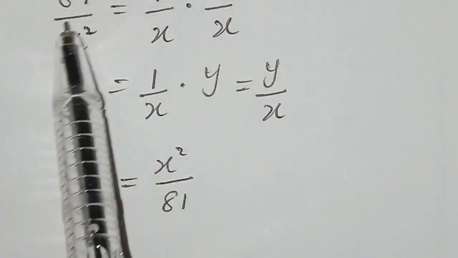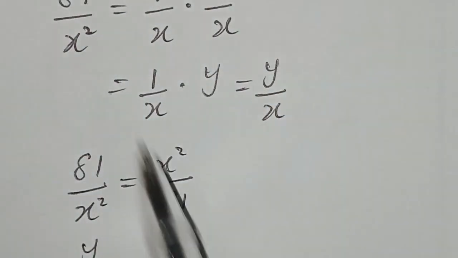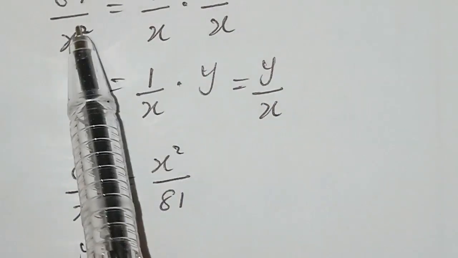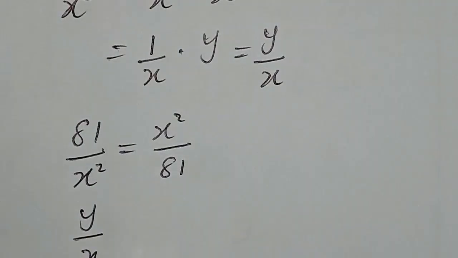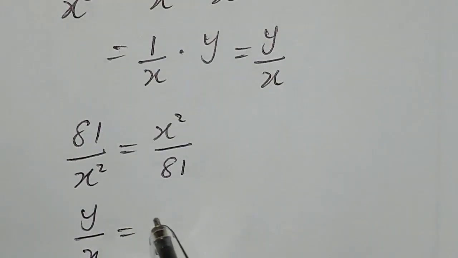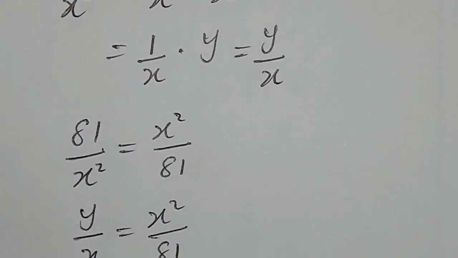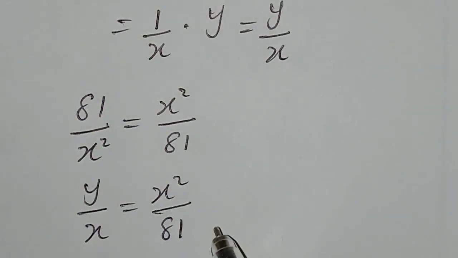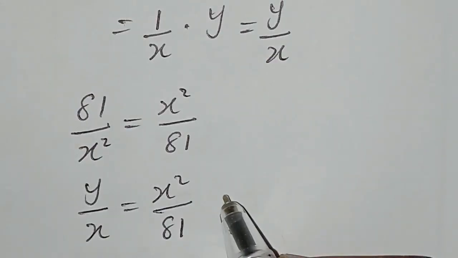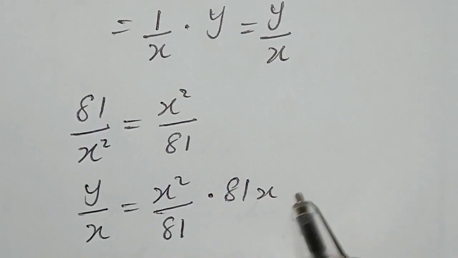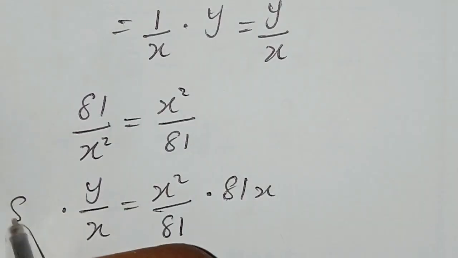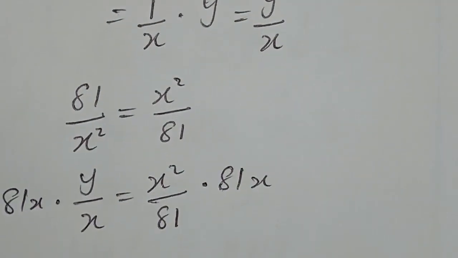Since this equals y over x, we substitute that into this part. So we have y over x equal to x squared over 81. Now we multiply both sides by 81x.